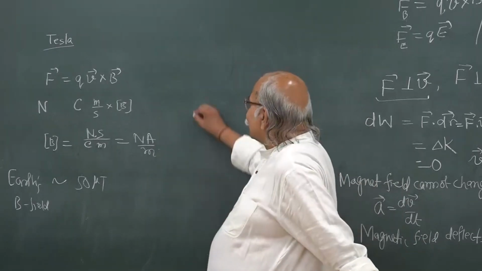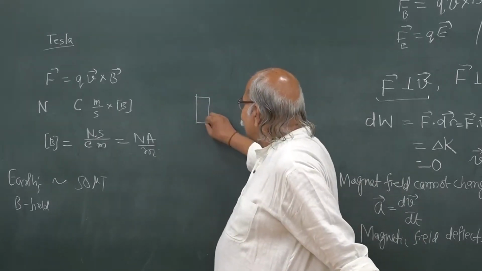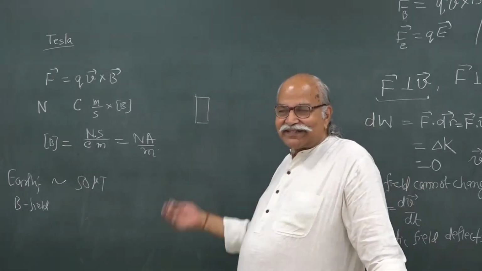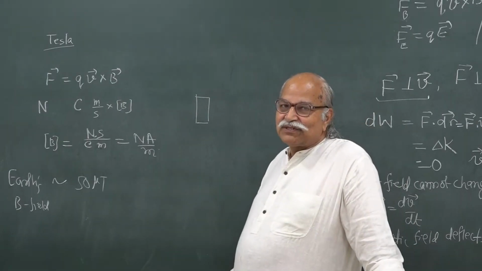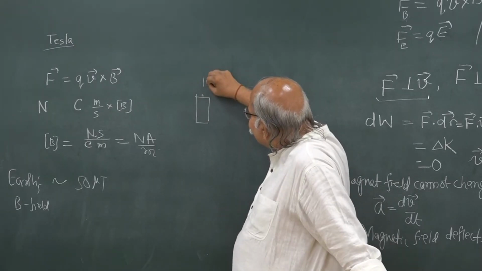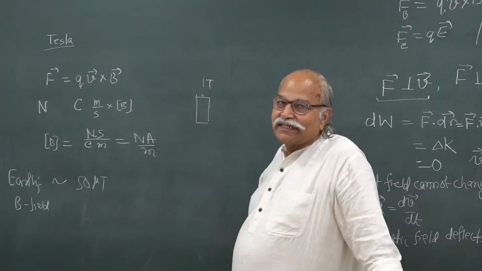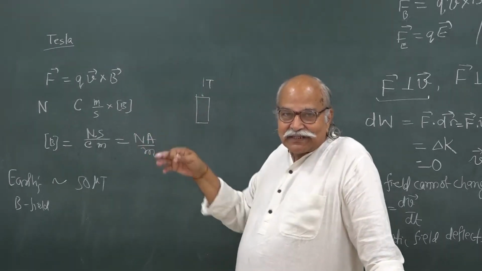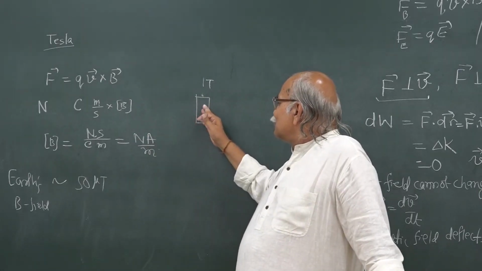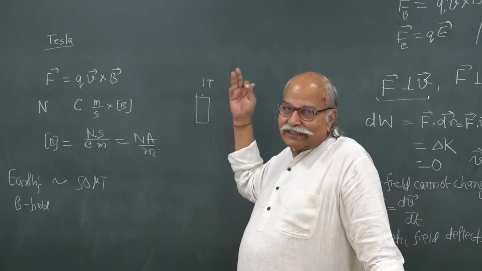Nowadays, you have iron-niobium kinds of magnets, rare earth magnets, which easily produce a magnetic field of the order of 1 Tesla just in front of their surface. The maximum field produced by these very commonly used magnets is 1 Tesla.